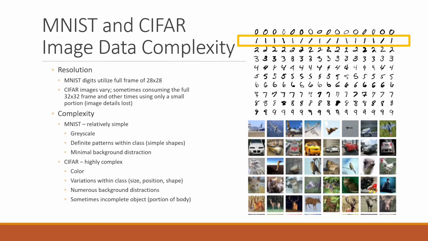However, for the CFAR dataset, even though it had a slightly higher resolution, the complexity of the data negatively impacted the model accuracy. Some examples of this complexity are the similar objects being different colors, such as the white and yellow car. The variations in size, such as the really tiny plane flying in the distance versus the large plane on the ground.